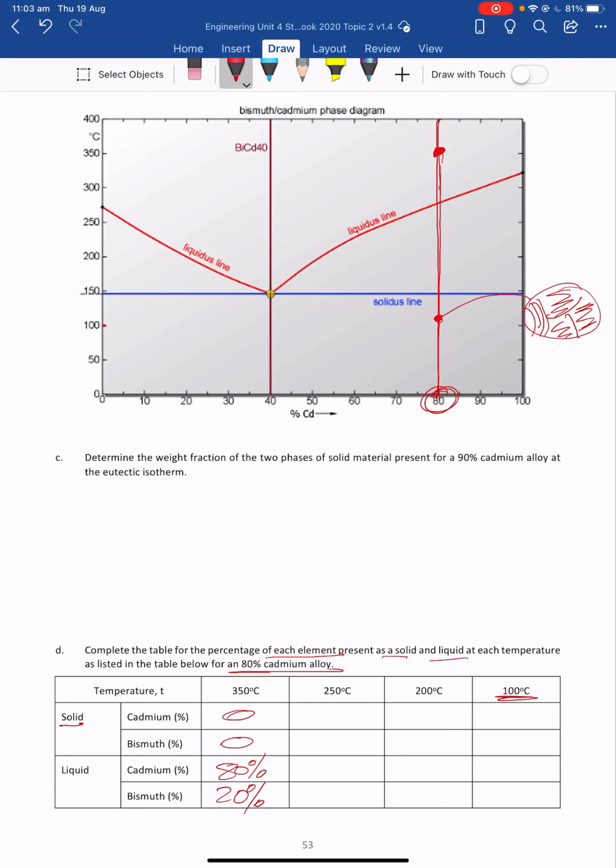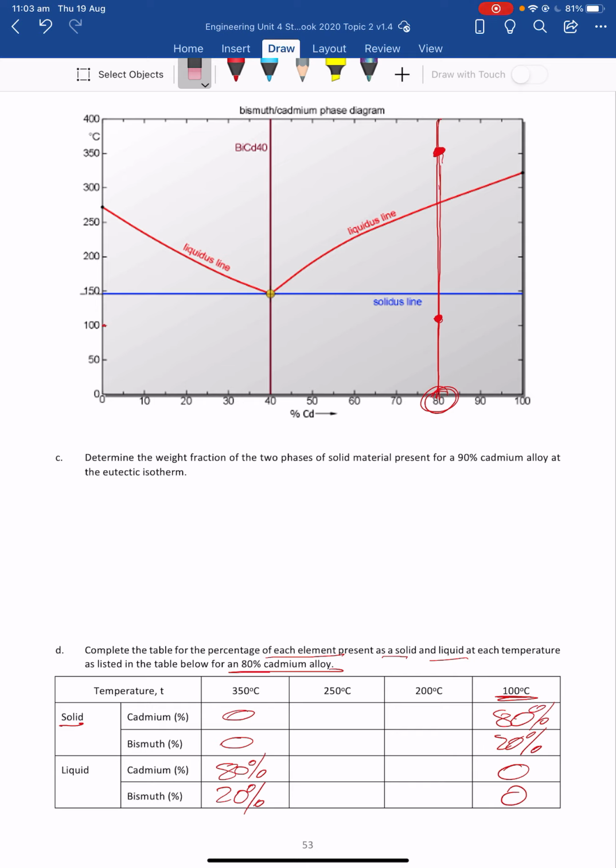So in this case, it's going to be 0 liquid, because we're in the solid phase, and it's going to be an 80-20% mixture of cadmium and bismuth because that's what we started with. We can't just lose bismuth or cadmium throughout the process. So those ones are pretty easy because they're nice and simple.